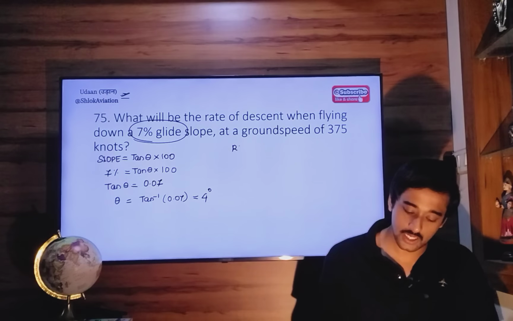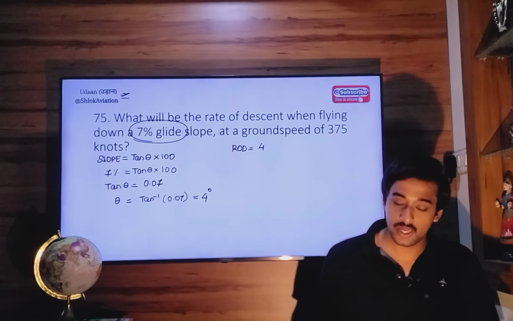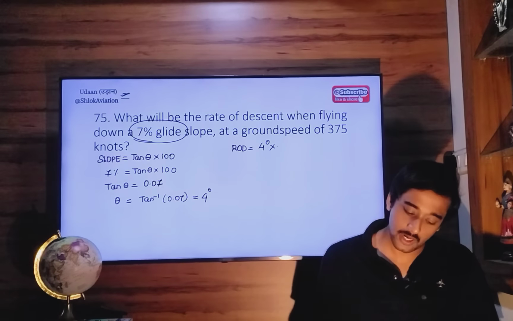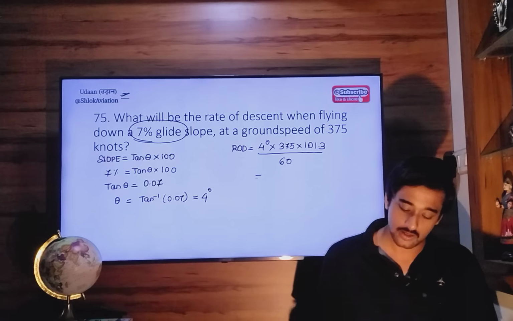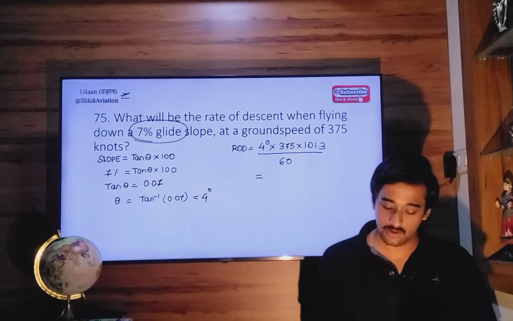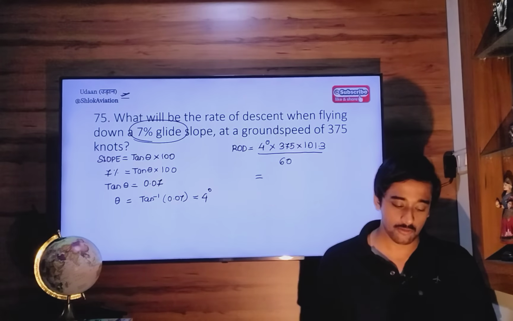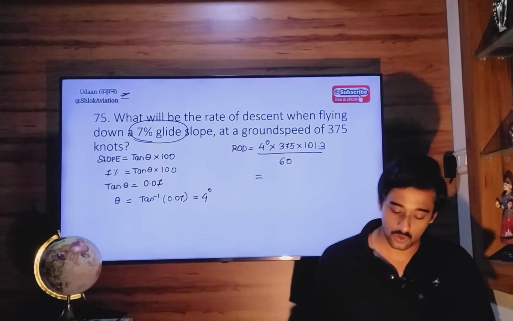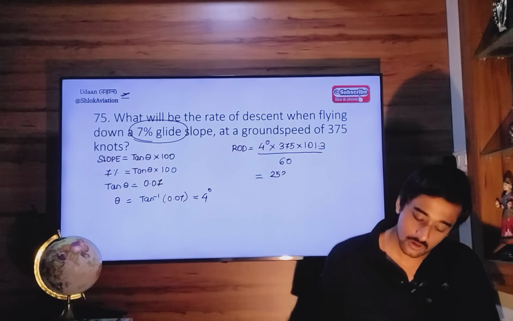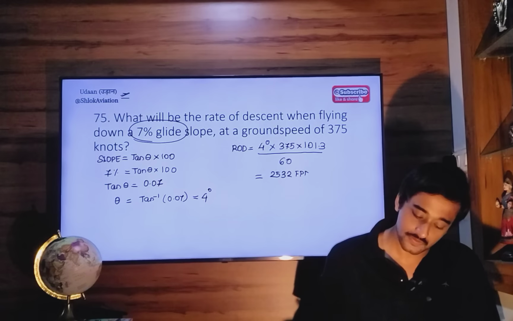So rate of descent equals 4-degree angle into speed of 375 knots into 101.3 feet per minute by 60. So 4 into 375 into 101.3 divided by 60 is 2532 feet per minute.